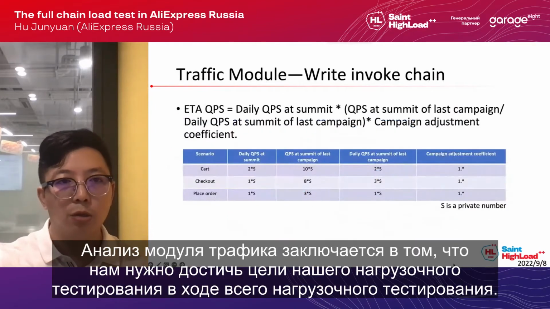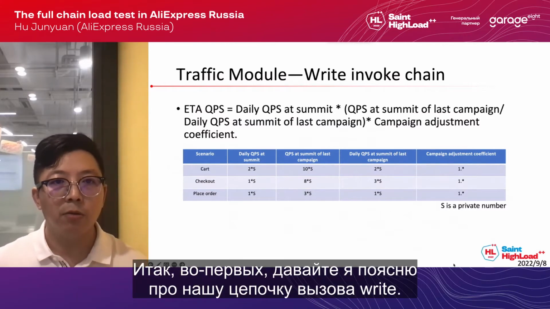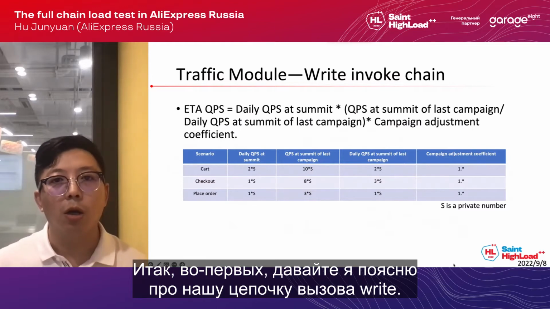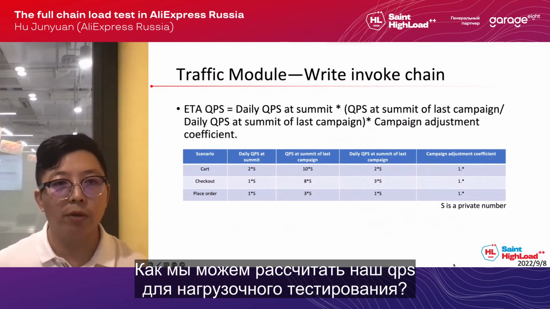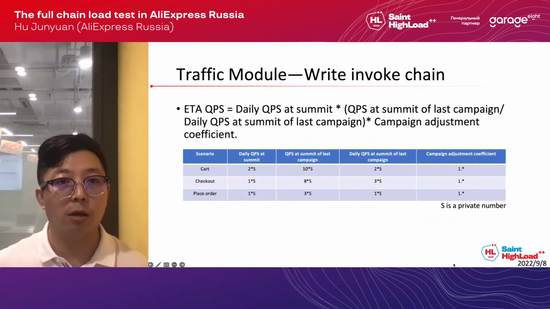analysis. The purpose of the traffic model analysis is to get our load test target for the whole load test run. First of all, let me explain our write invoke chain. How can we calculate our estimated QPS for the load test?